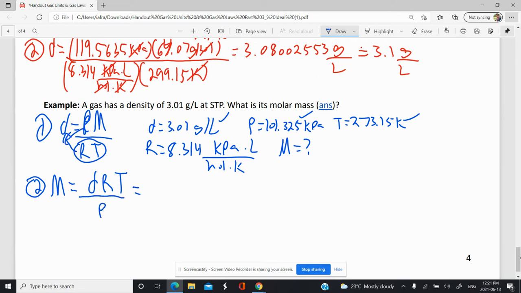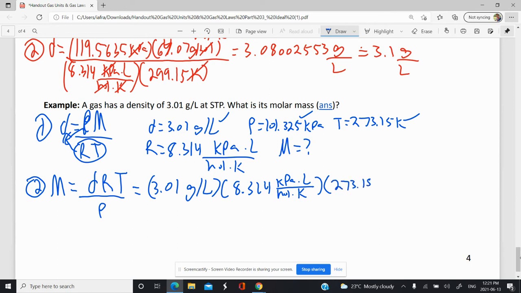And we're going to get 3.01 grams per liter multiplied by 8.314 kPa liters per mole Kelvin multiplied by temperature, which is 273.15 Kelvin, over our pressure, which is 101.325 kPa.